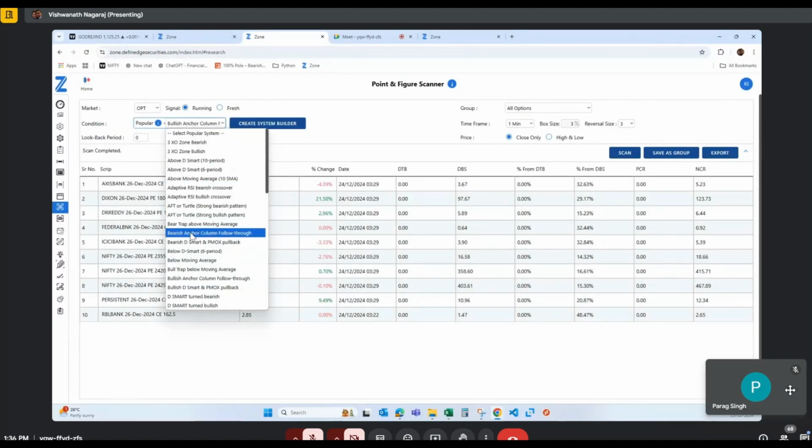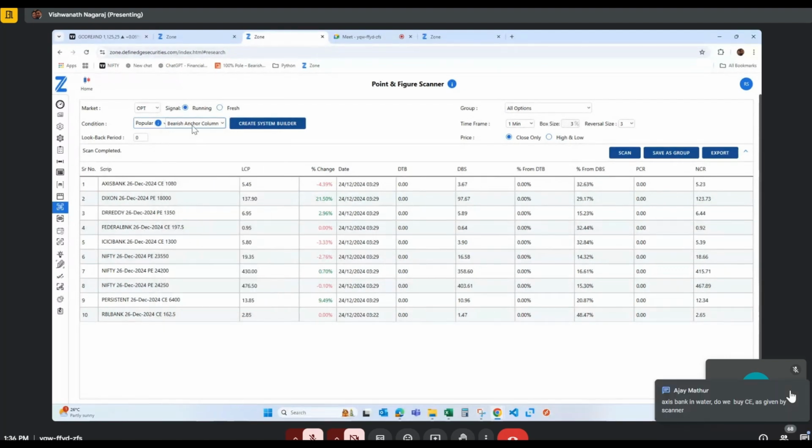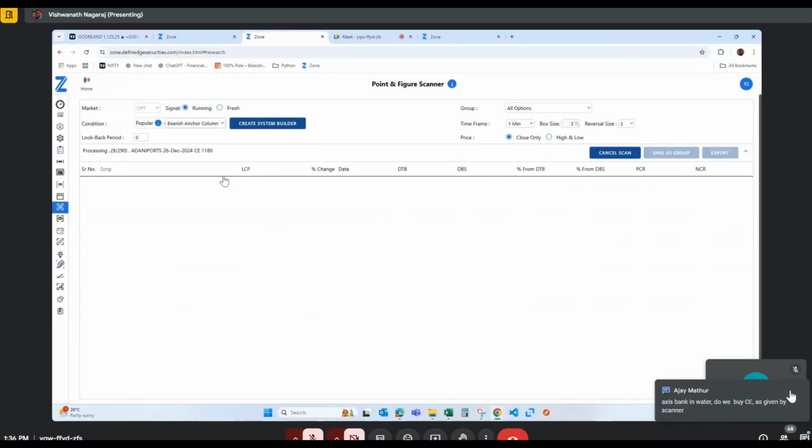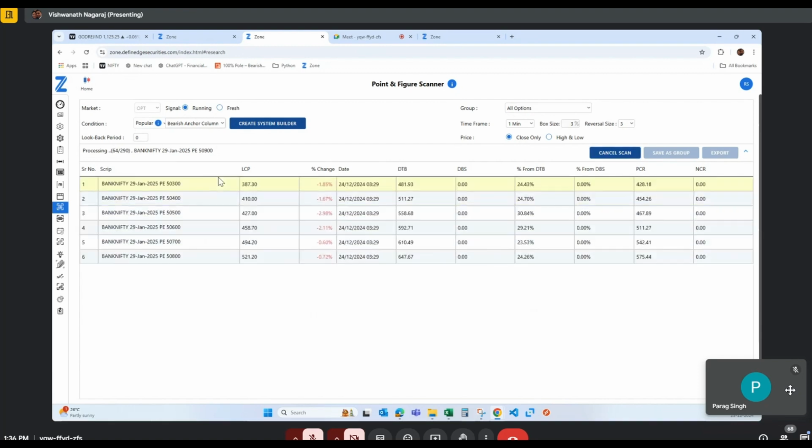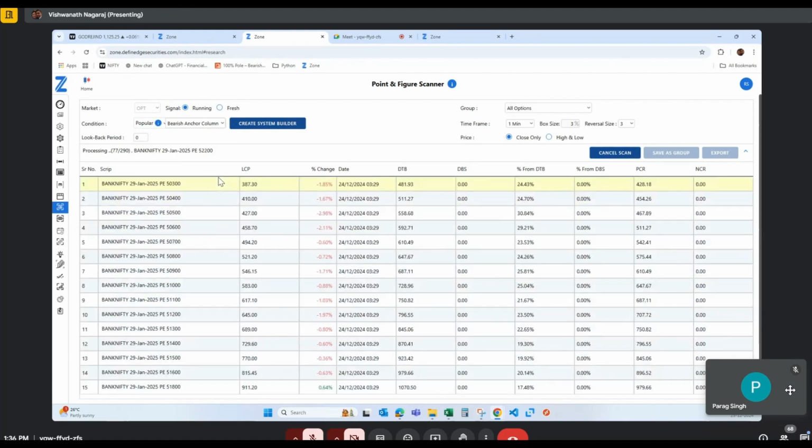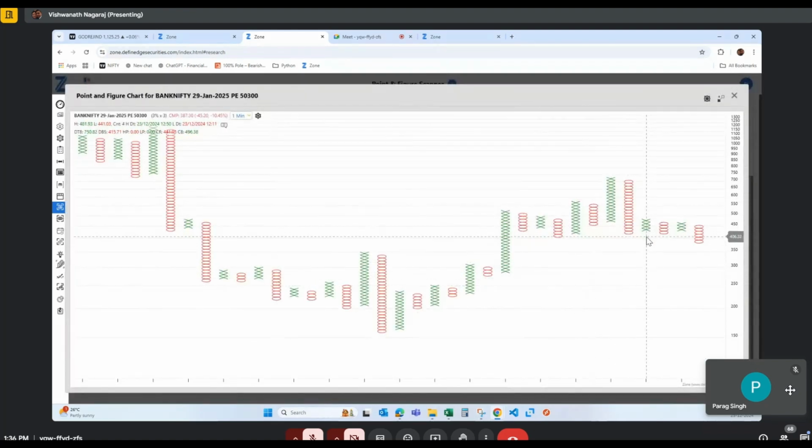If you're like me, an option seller, then bearish anchor column follow through. I want to sell. This much is more than enough. You don't need to keep looking at everything possible. It's asking me to sell 29 Jan 50,300 PE because it's given me a triple bottom sell here.